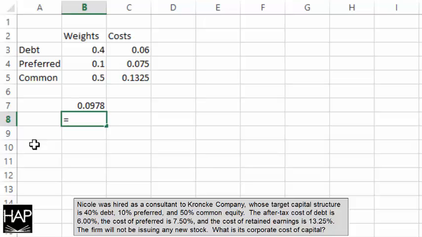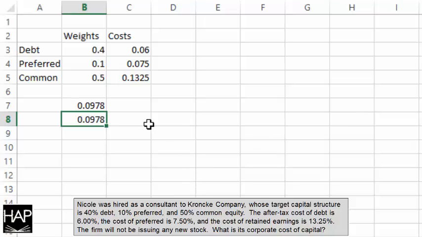To prove that this is the same as just adding and multiplying, I can do it that way as well. So I would take the weight of the debt multiplied by its cost plus the weight of the preferred multiplied by its cost plus the weight of the common multiplied by its cost, and I get the exact same answer. The only difference is that the sum product method is much quicker.